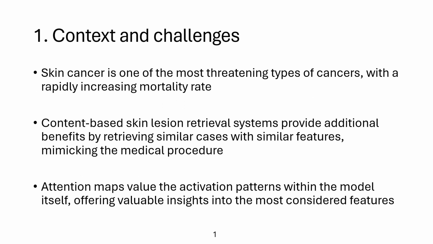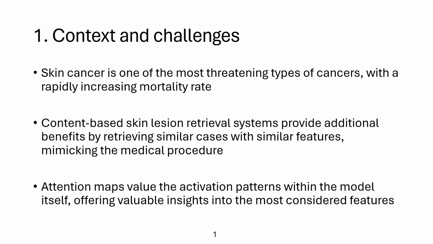Moving forward, skin cancer undoubtedly stands as one of the most alarming types of cancer. Acknowledging this reality, numerous automated diagnosis systems have been proposed. In addition to the invaluable assistance provided by these classification systems, which have already proven their worth in aiding dermatologists, it is challenging for dermatologists to understand the underlying reasoning behind their predictions.